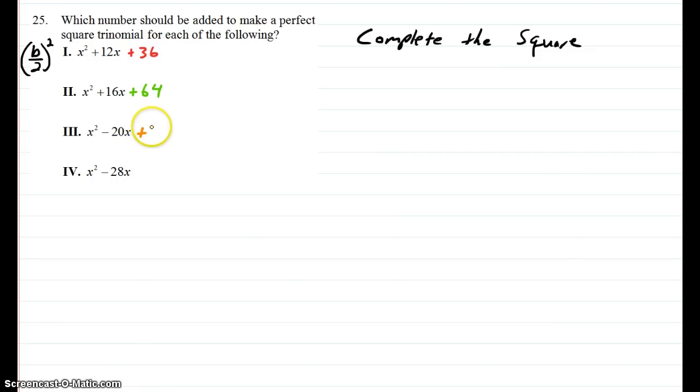So the negative 10 squared gives us a positive 100. And the last one, half of 28 is 14, and so 14 times 14 gives us 196. So just ask for what we're going to add, so our answer would be what you see here.